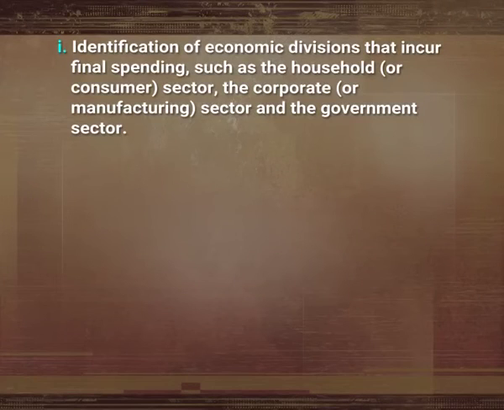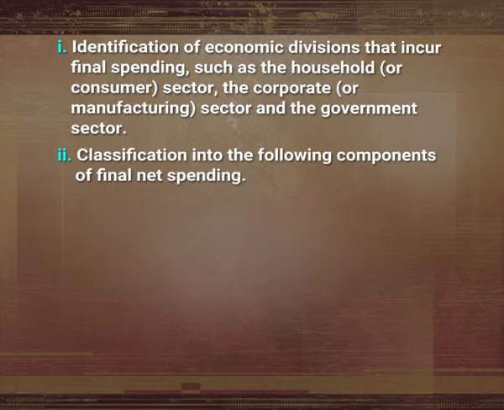The measures involved in the estimation of national income through the expenditure method are as follows. Number 1, identification of economic sectors that incur final expenditure, such as the household or consumer sector, the corporate or producing sector, and the government sector.